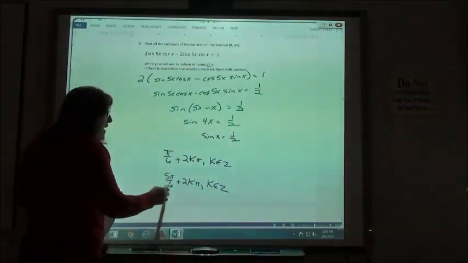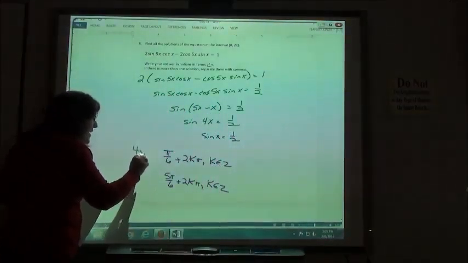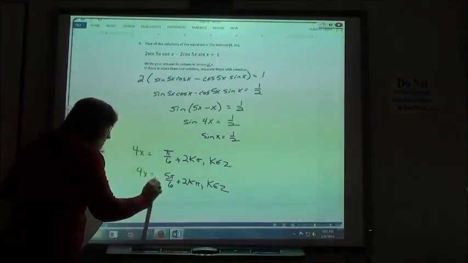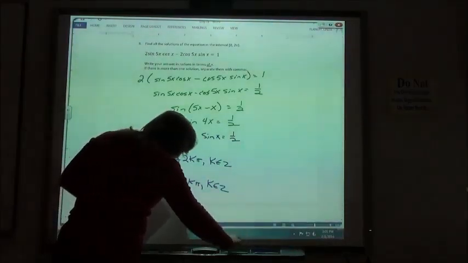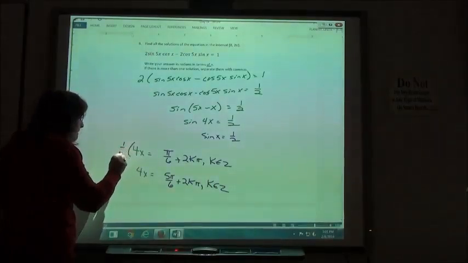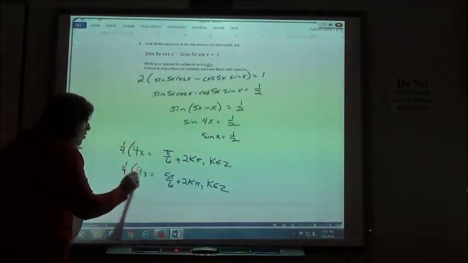Again, that's just equal to x. We really want to have 4x equals that, so we're going to multiply by 1/4 to solve.